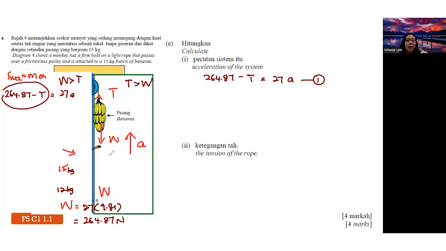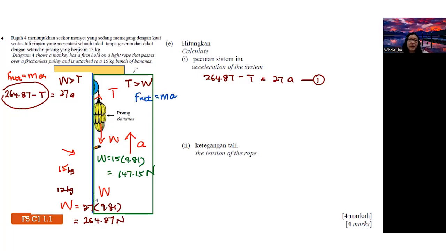Same thing, I find out the weight of the bananas first. So the weight of the bananas will be 15 times 9.81. I will get 147.15 Newton. So you still go back to the basic formula, which is F net equals to MA.